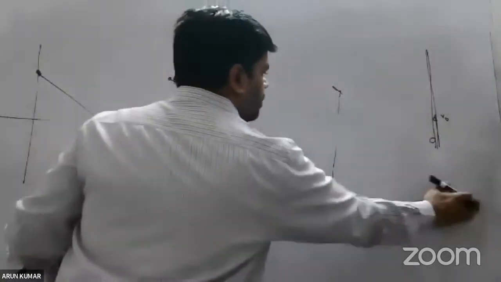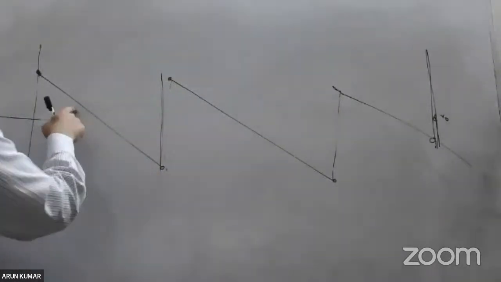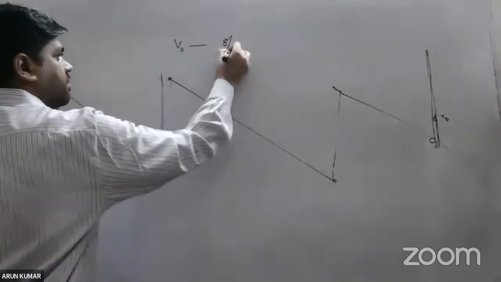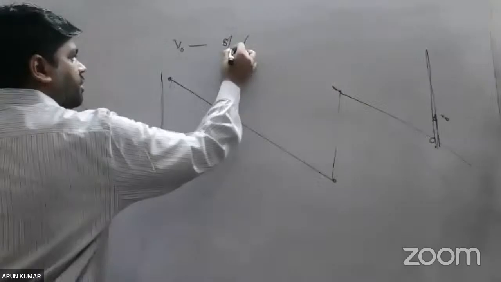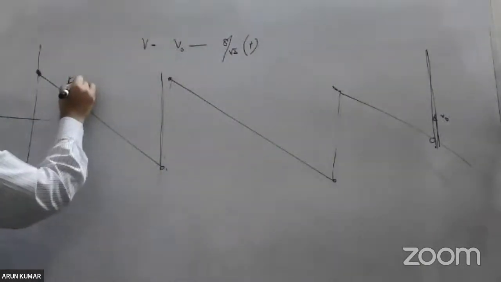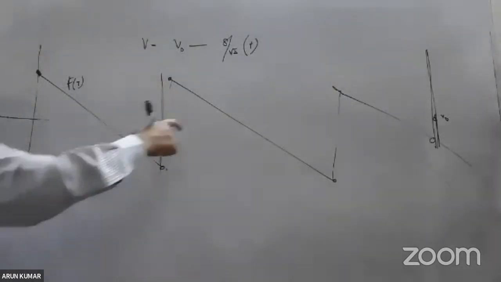Okay, further any parallel ఉండాలి, right? There is a sudden jump. So what is the equation of this line? V0 minus G/√2 into T is this line of T. ఈ లైన్ ఎంత ఉంటుంది?